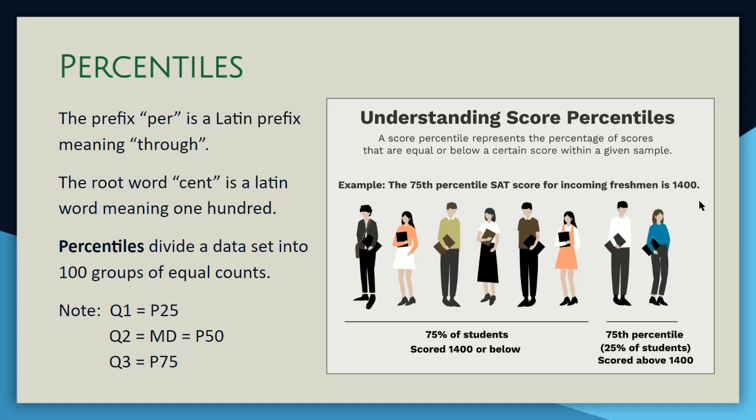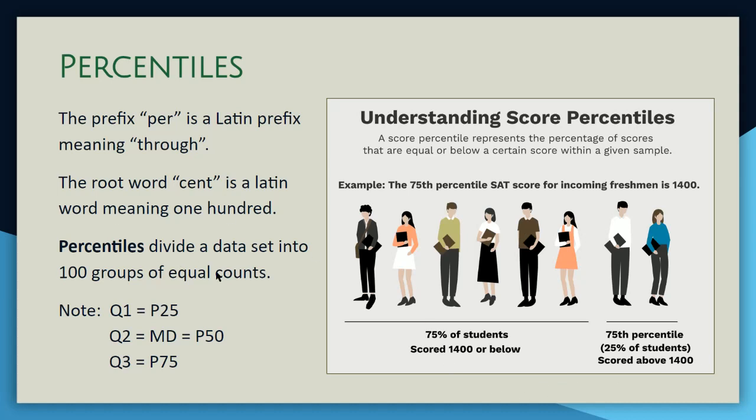What that means is 75% of this incoming freshman class that took the SAT scored at or below 1,400. That then also means that the other 25% scored above 1,400.